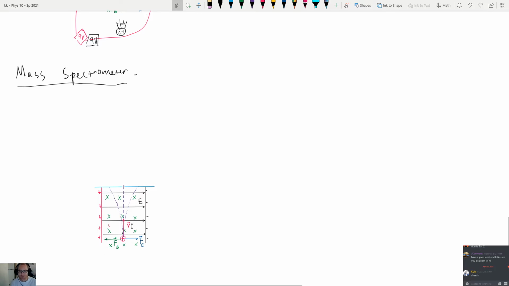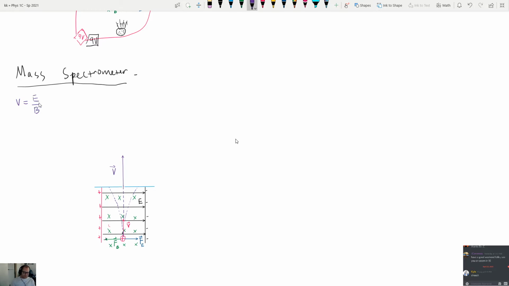Okay, and then these particles that are coming out of here, let's give them a velocity vector. So our particles come out of our machine just like this with a velocity. And we know that the velocity of every particle that comes out is going to be exactly equal to the ratio of E over B.